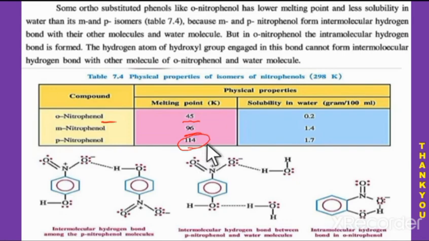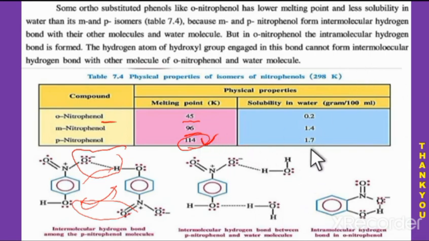This is because paranitrophenol undergoes intermolecular hydrogen bonding, where hydrogen bonding takes place between two different molecules. Two hydrogen bonding cases are possible, involving both the nitro group as well as the hydroxy group, which are present at the 1 and 4 positions. Because of this, its melting point is more.